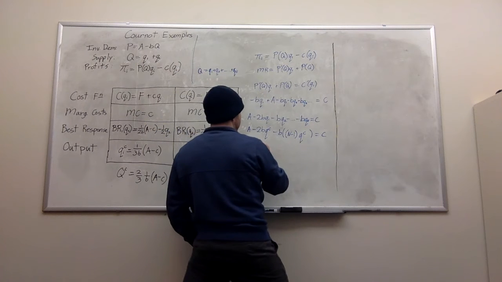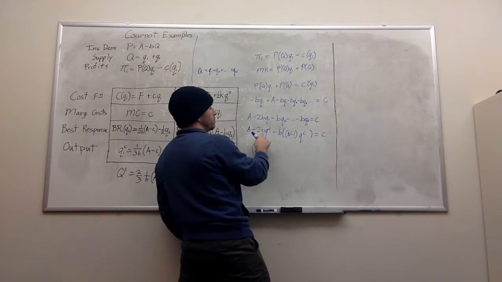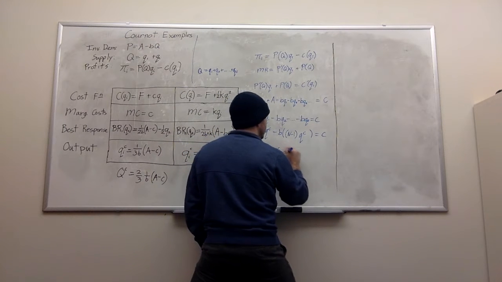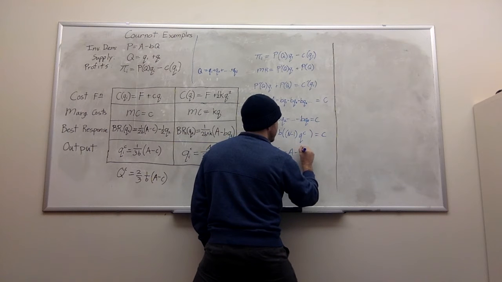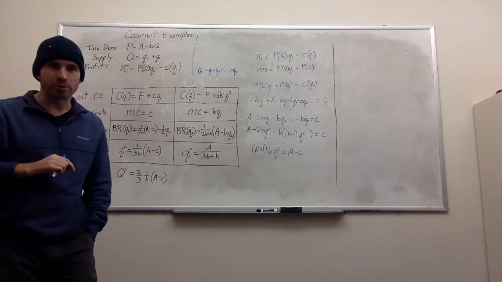Combining these, I will get n plus 1, because it's plus the 2b from here, times b QC is equal to A minus C. There's some algebra in the middle there.